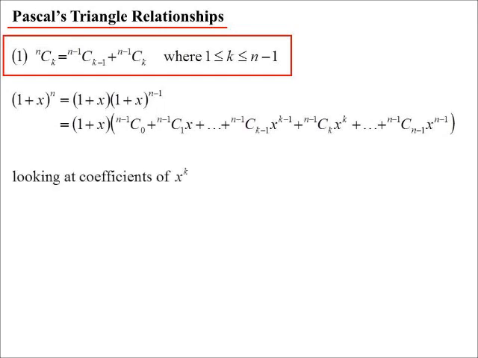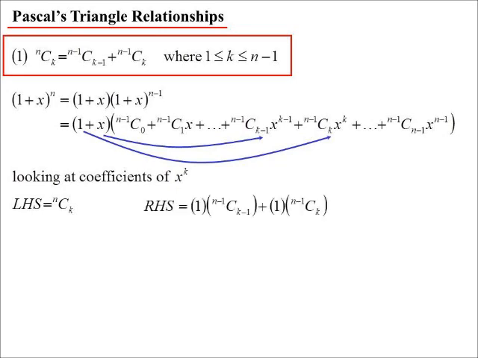If I'm just interested in x to the power of k, on the left-hand side there would be just one term from (1 + x)^n. Somewhere in that expansion would be nCk x to the power of k, so the left-hand side is nCk. On the right-hand side, the 1 would be multiplied by (n-1)Ck x to the power of k, and the x would be multiplied by (n-1)C(k-1).